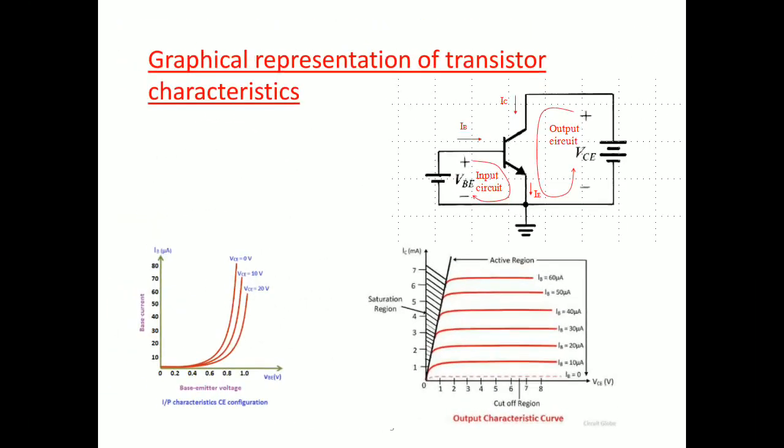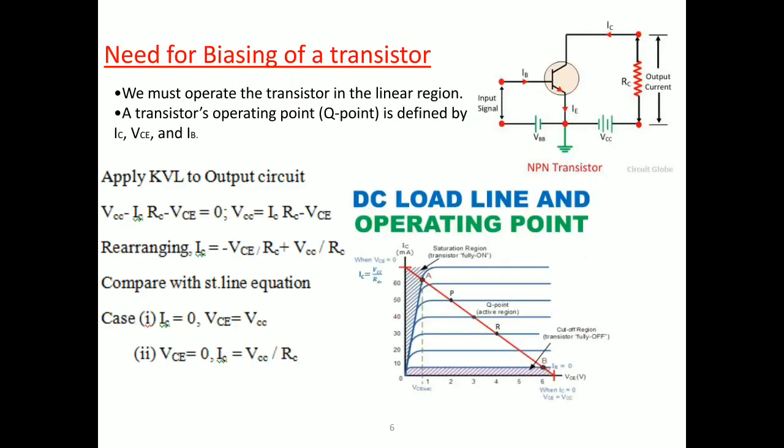These are the simple, basic things we have discussed here. Once you understand these basic concepts of input characteristics and output characteristics, let us move on to the biasing of a given transistor. Why do we need biasing of a given transistor? Again we have taken a common emitter, so we must operate the transistor in the linear region, that is, the transistor operating point Q is fixed. How to fix the Q point? Let us discuss one by one.